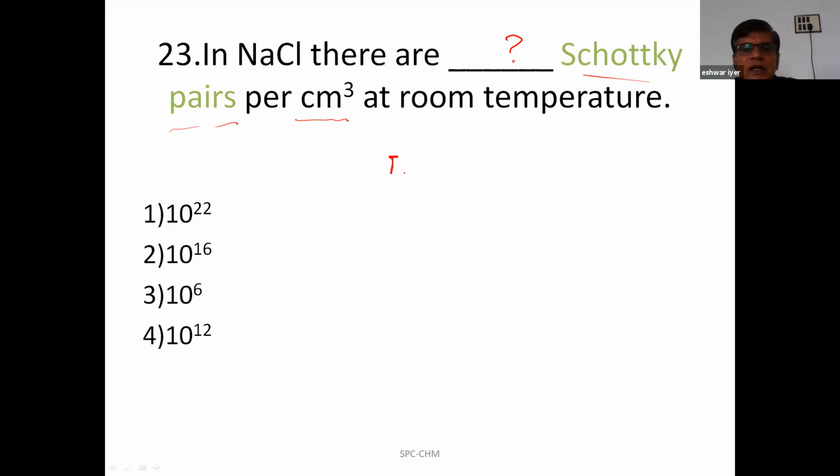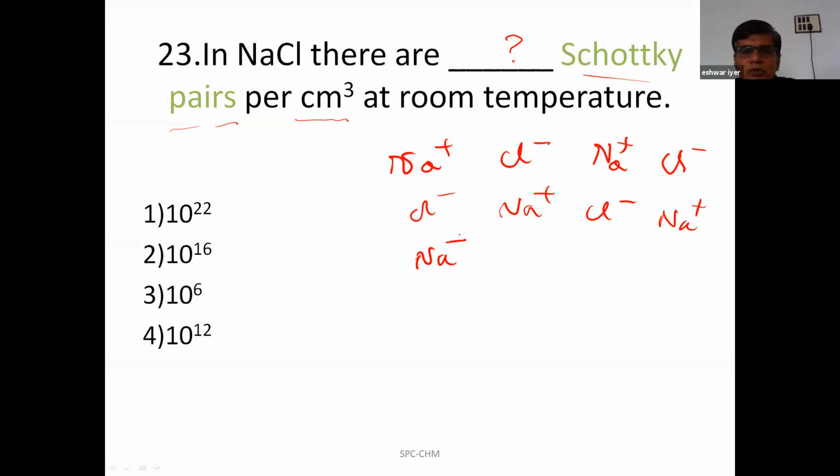So in NaCl there are Na plus ions and Cl minus ions arranged alternately. Cl minus, Na plus, Cl minus, Na plus. One more layer will be there: Na plus, Cl minus, Na plus, Cl minus.